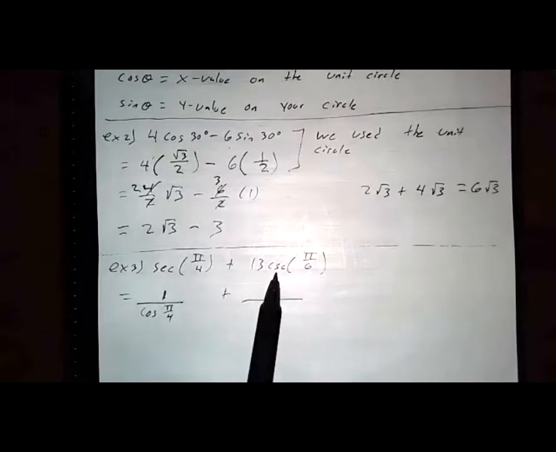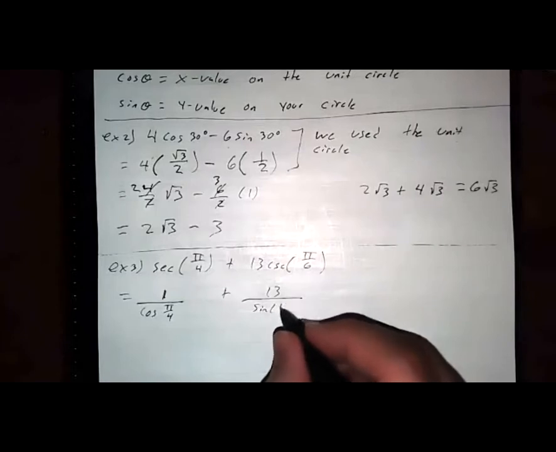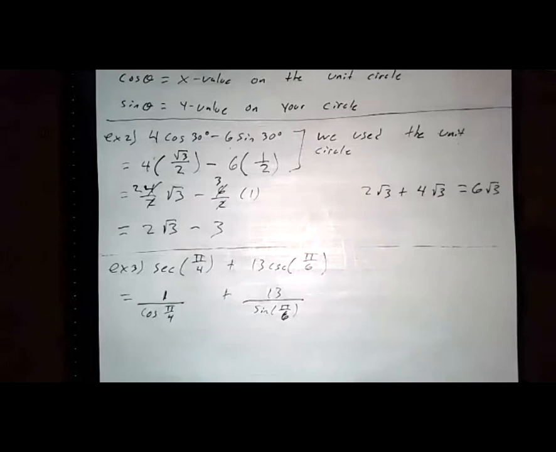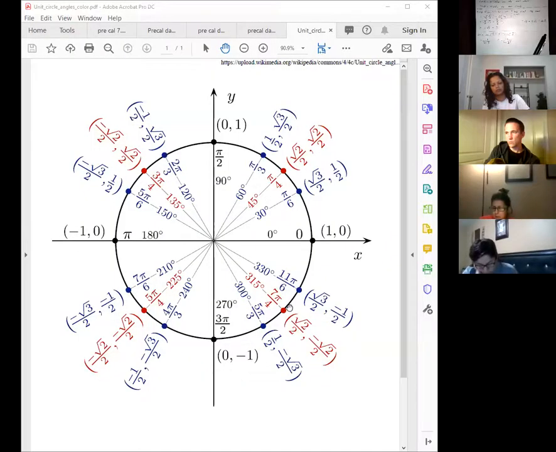And that's sine, right? Yeah, sine. And there we go. Okay, so now let's look at our circle and we can start simplifying. So cosine of pi over 4 is square root 2 over 2. So I'm going to write that right here, then I'll switch over. Sine of pi over 6 is 1/2, right?